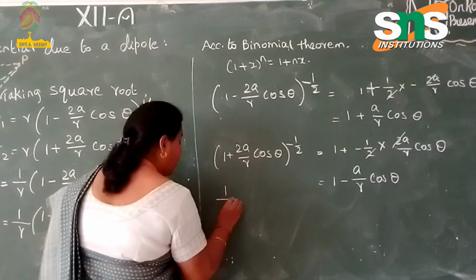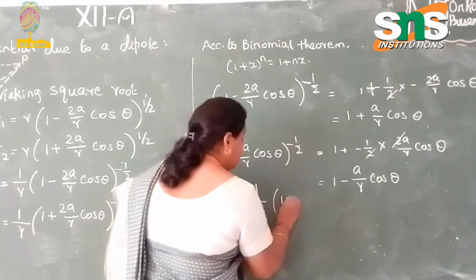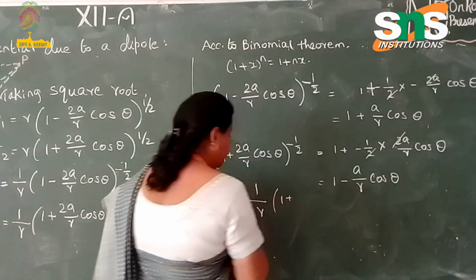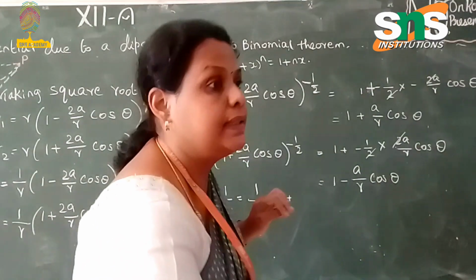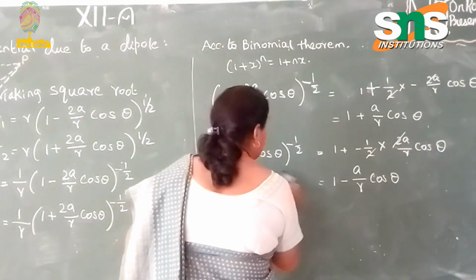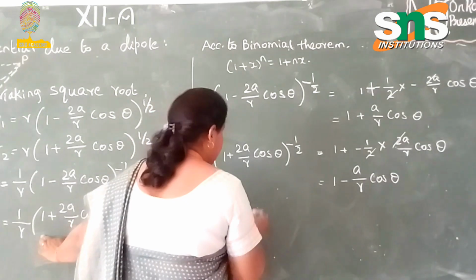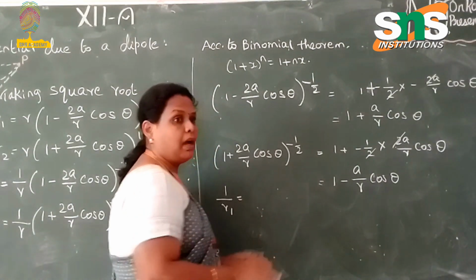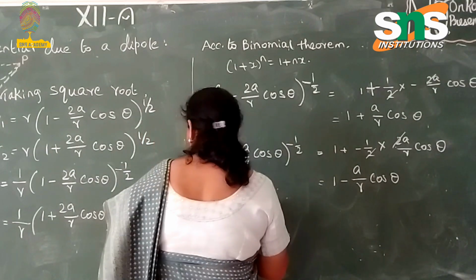So 1 by r1 is equal to 1 by r into, can I take this 1 by r inside here in this equation? I am writing it step by step.